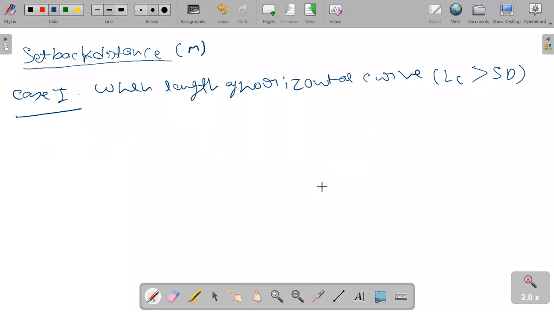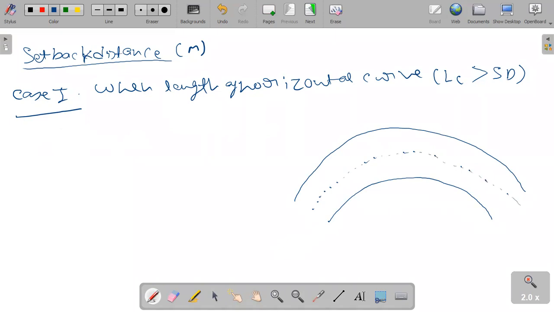Before that, let's draw a diagram for the sake of simplicity. Something like this, and one dotted line from here.